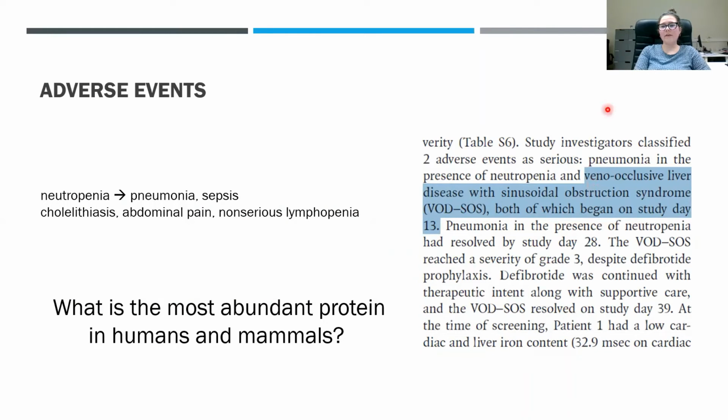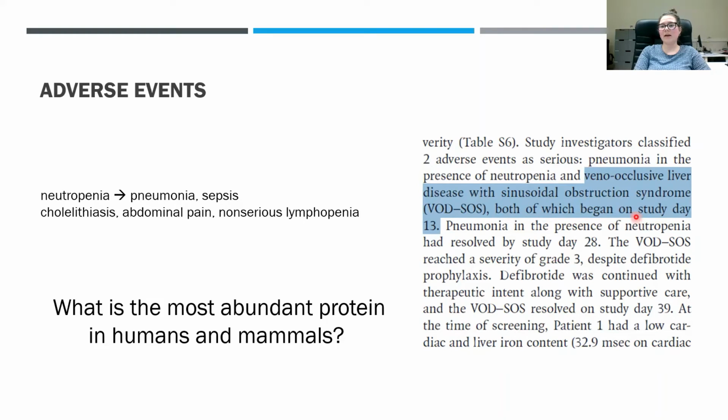However, everything is not as successful as it looks, because investigators classified 2 adverse events as serious: pneumonia in the presence of neutropenia, and also veno-occlusive liver disease with sinusoidal obstruction syndrome.